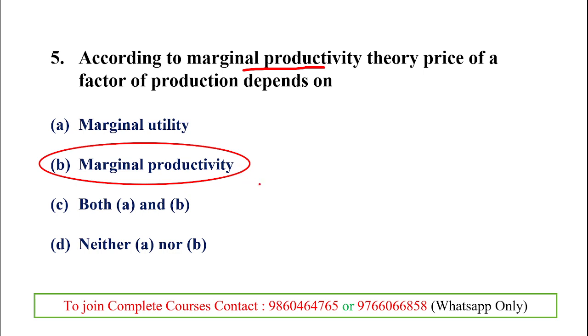Here the marginal productivity theory depends on the marginal productivity but not the marginal utility. The satisfaction will change according to more and more resources, but the productivity will increase due to the rise in the factors. So the marginal productivity theory depends completely on the marginal productivity.